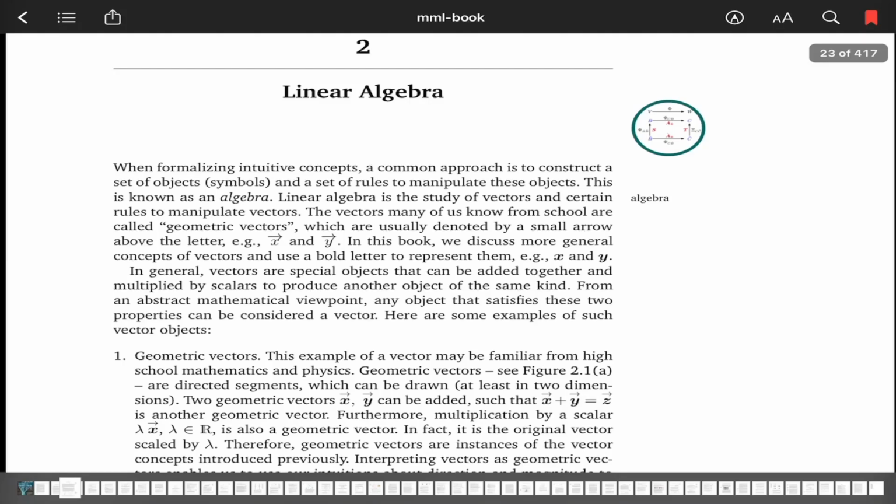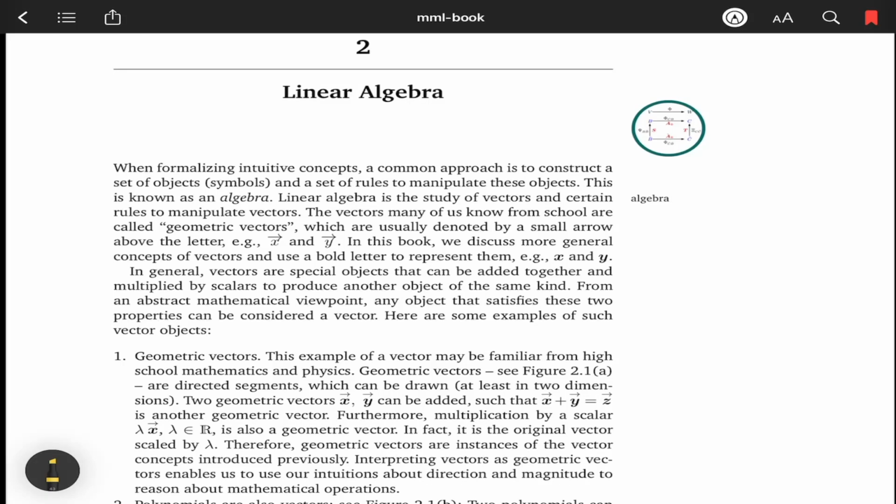So let's start. When formalizing intuitive concepts, a common approach is to construct a set of objects, symbols, and a set of rules to manipulate these objects. This is known as algebra. Linear algebra is a study of vectors and certain rules to manipulate vectors.